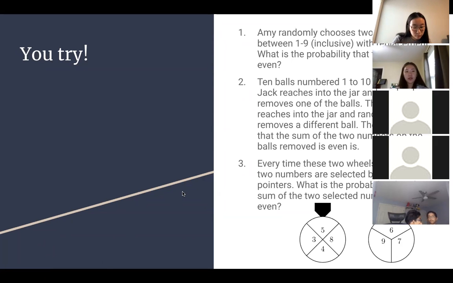And just letting you know, we're going to do this in fraction form, not percents.